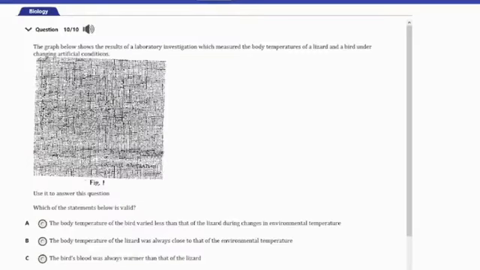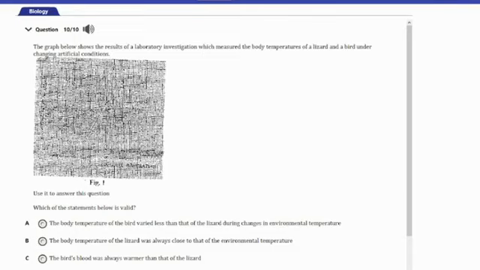And that's question number 10. Here we also have this same graph, and we are to answer this question from this graph. The question says, which of the statements below is valid? A. The body temperature of the bird varied less than that of the lizard during changes in environmental temperature.